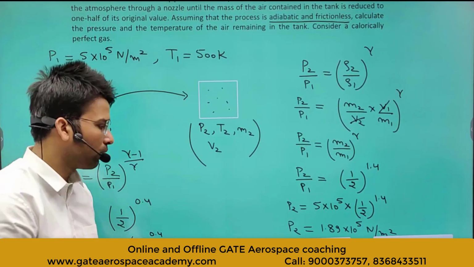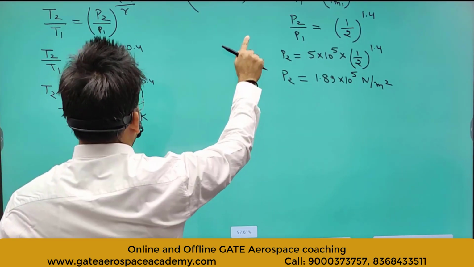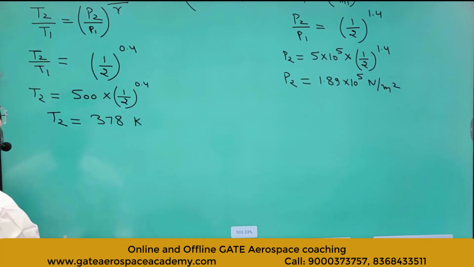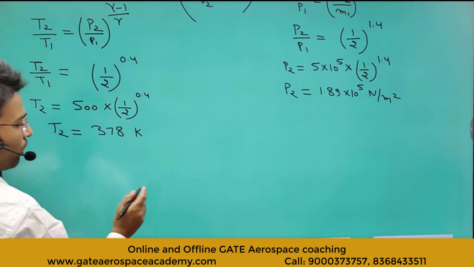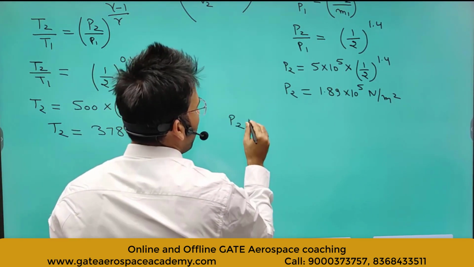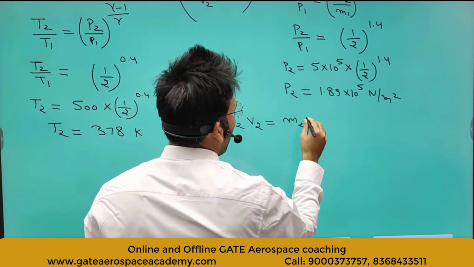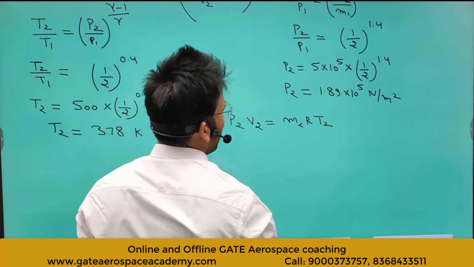This question can also be solved in another way. We can write equation of state at state 2, that is P2 V2 is equal to M2 R T2. Equation 1.